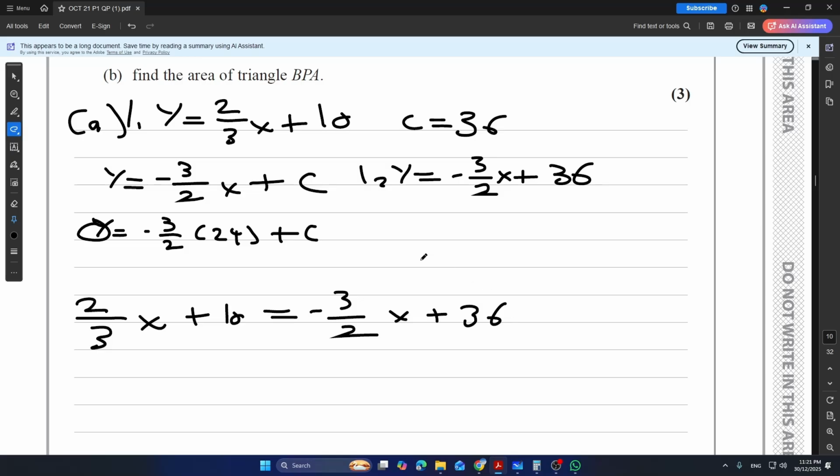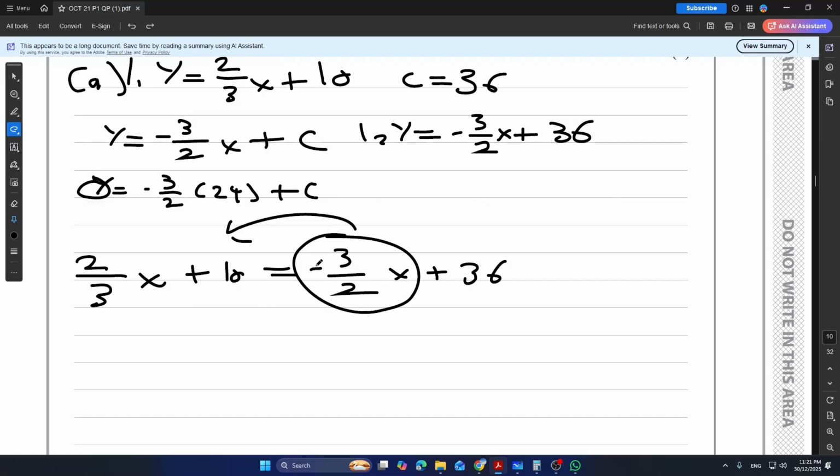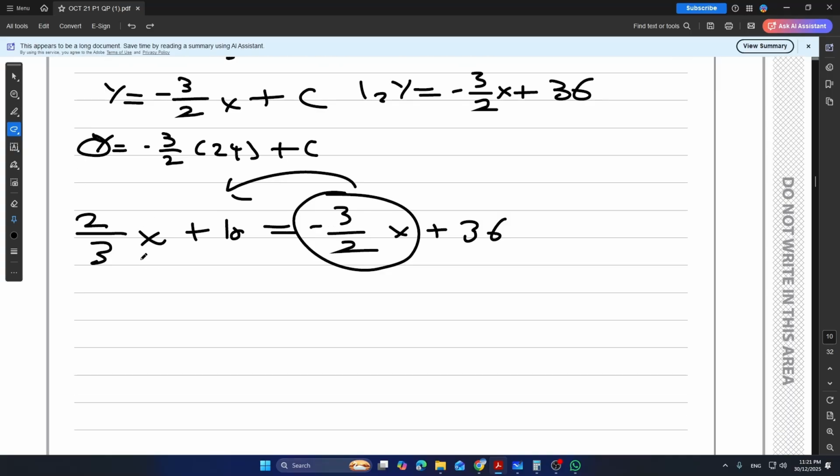And now a very easy thing to do. I will just take the like terms together, so I'll bring this to this side where the x is, and I'll bring this to this side. So I'll just add this now. It becomes positive because it's negative. So 2 over 3 x plus 3 over 2 x, 2 over 3 plus 3 over 2 on the calculator will give us 13 over 6.